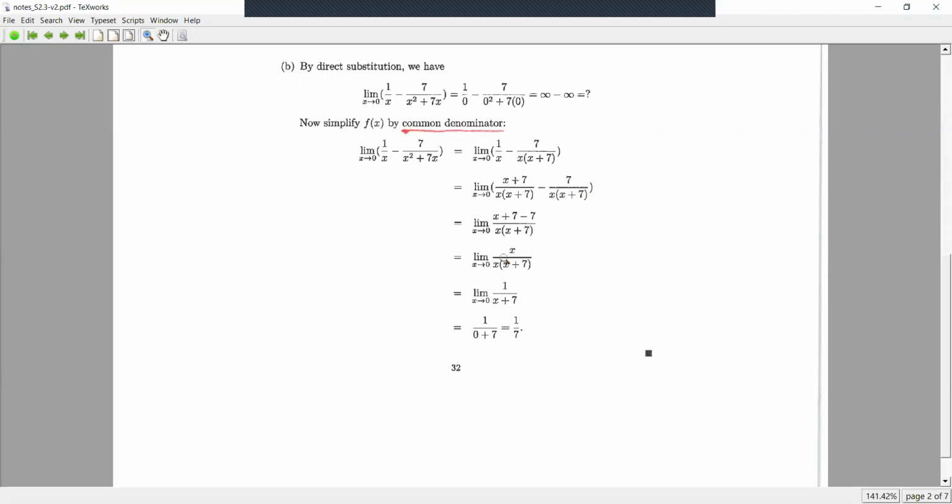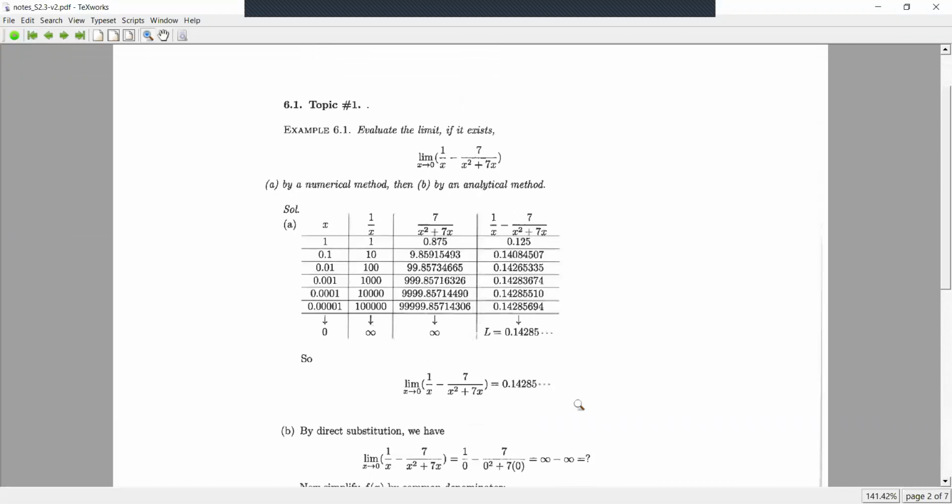Cancel the number 7, then we have this equation. Cancel x, then we have this equation. Now, to find this limit, direct substitution, plug in 0 for x. So this limit is equal to this number. This number is 1/7. So it turns out that this number is 1 over 7, the exact value.